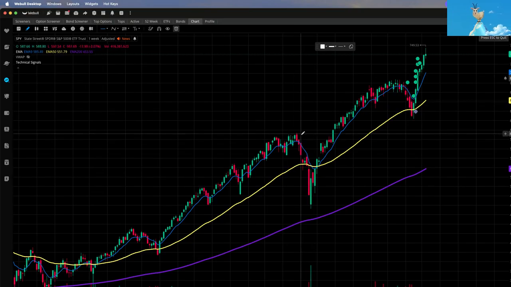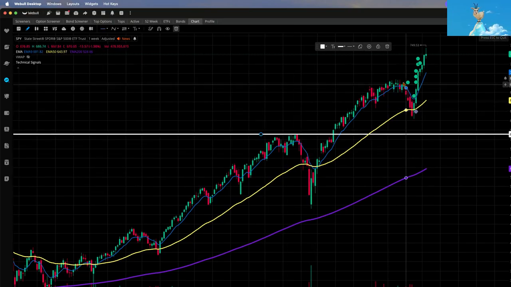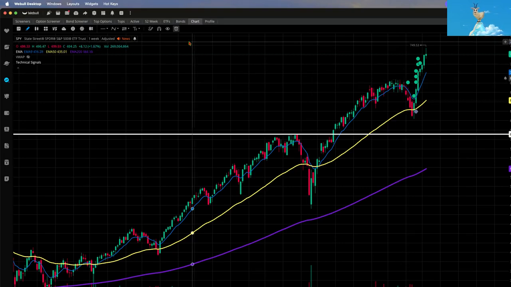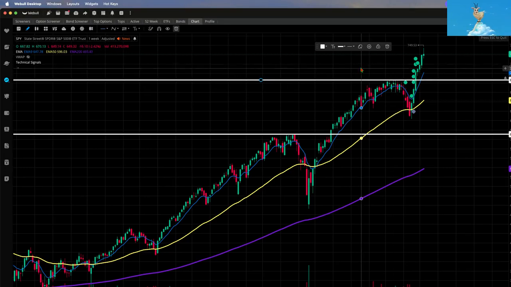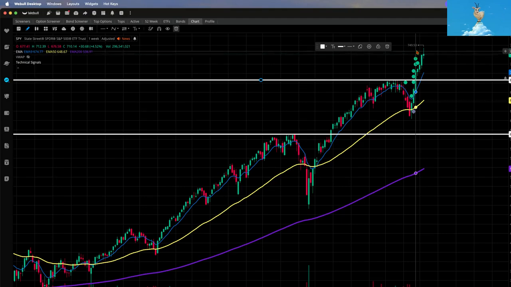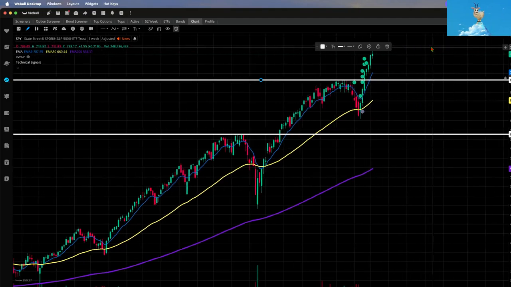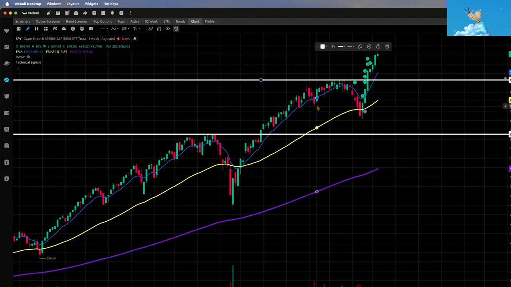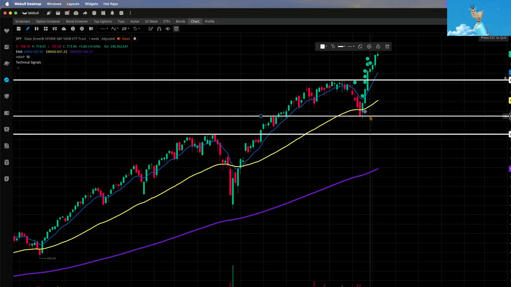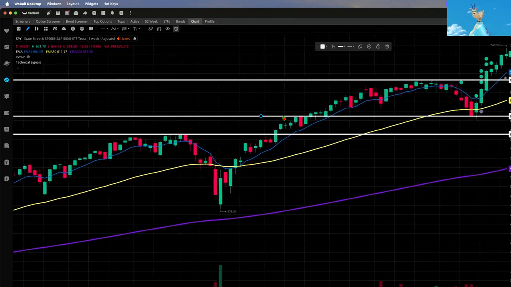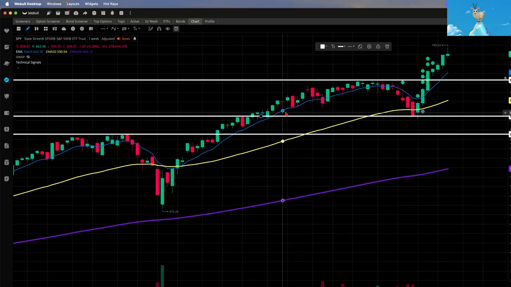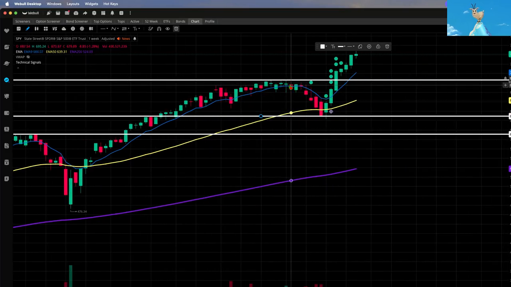I'm gonna mark the resistance. Where we at now, 749, we just broke above a major level. This is support too, this floor. In the past, that was resistance. Resistance right here is now support, 695.